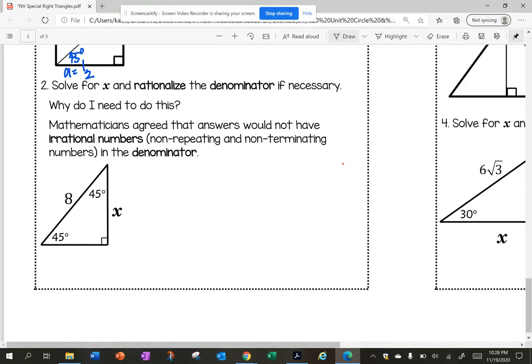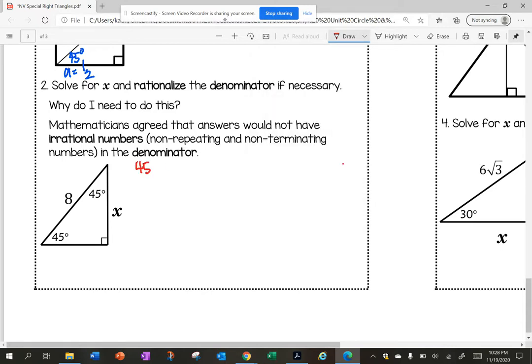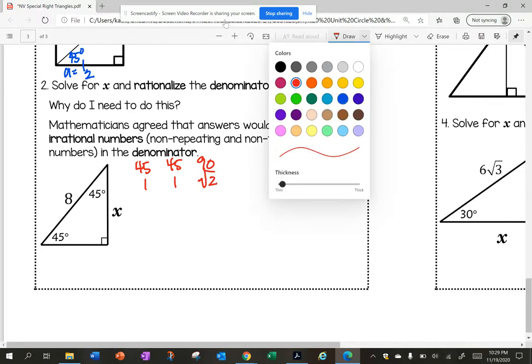Okay, so what I teach in geometry is I see that I have a 45, 45, 90 triangle. So I have my students write 45, 45, 90. And I say the ratios are 1, 1, and the square root of 2. And then I have my students put what's actually in the triangle.